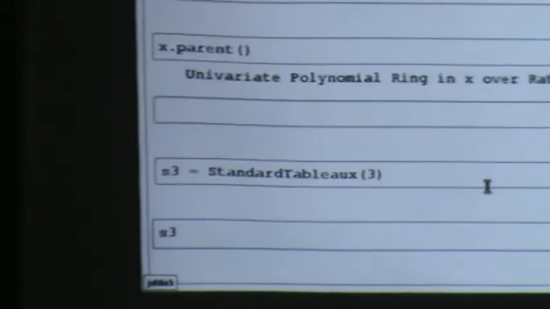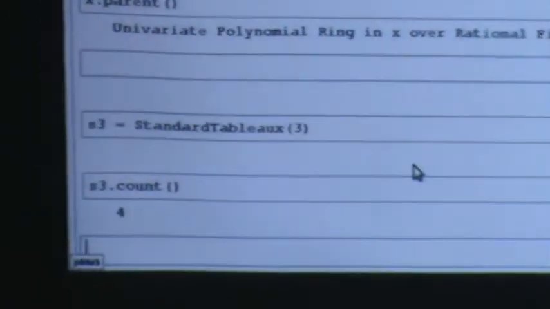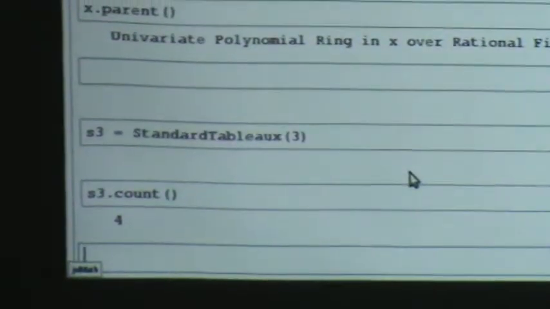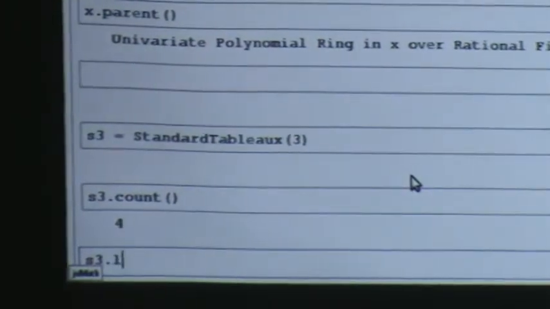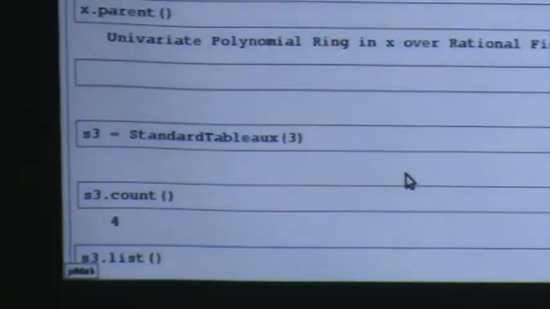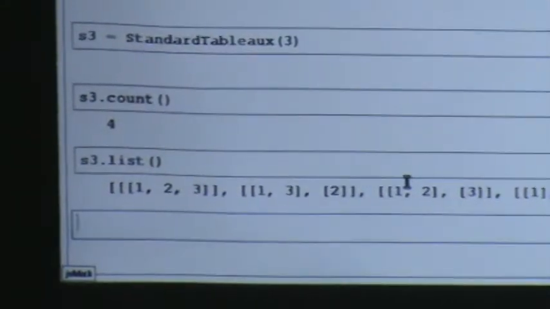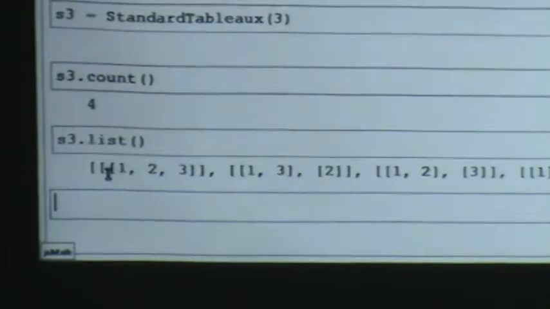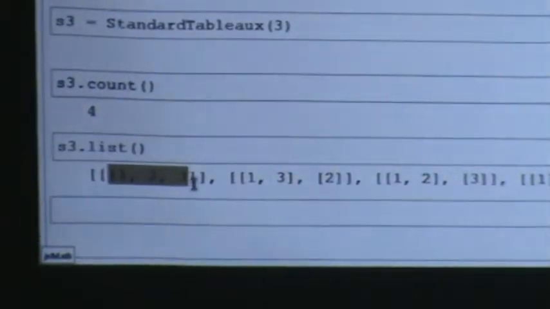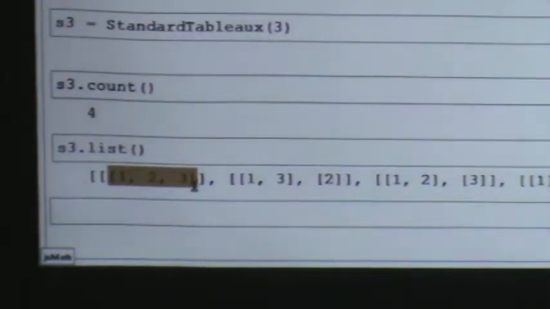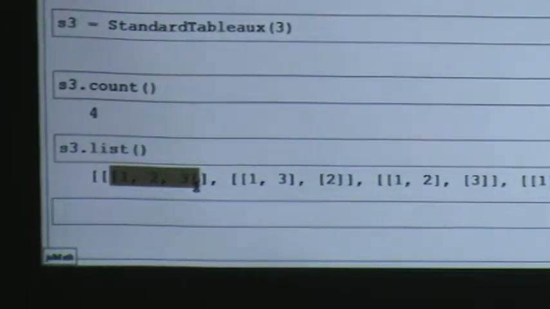So what are the things you want to do with Tableau? Well, how many are there? There's 4. And what are they? Well, that's a bit better. This one is the one with just 1, 2, 3 across the top.